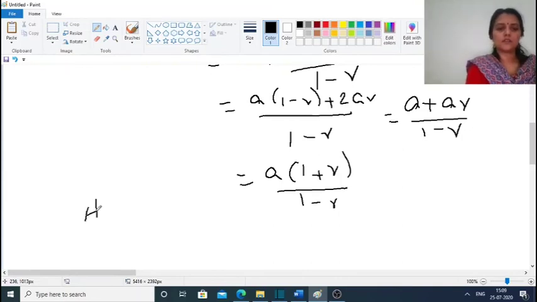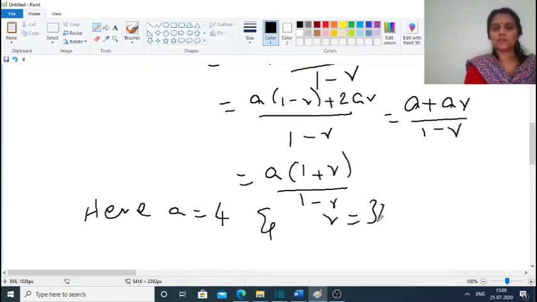Now here A is equal to 4 and R is equal to 3 by 4.